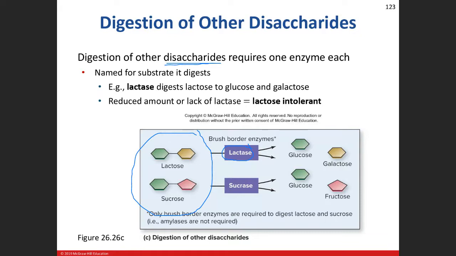So you need lactase to break down lactose into glucose and galactose. You need sucrase to break down sucrose into, again, glucose and fructose. How do you guys feel about that? Not too bad, right? It's going to get a little bit more complicated when we do proteins. I just want to make it as simple as possible here for you. So keep that in mind.